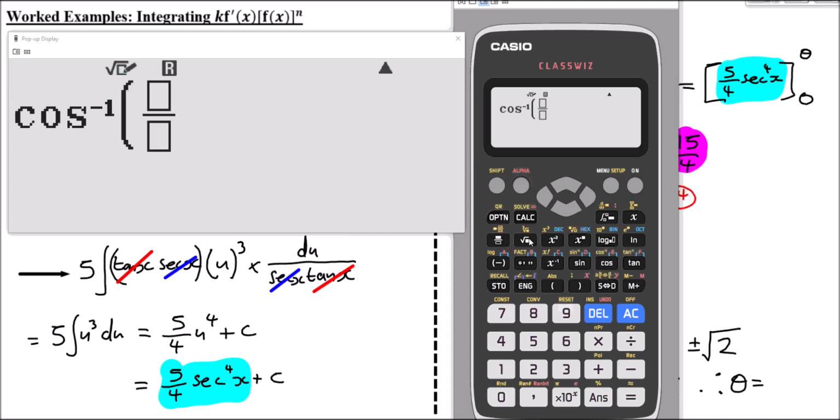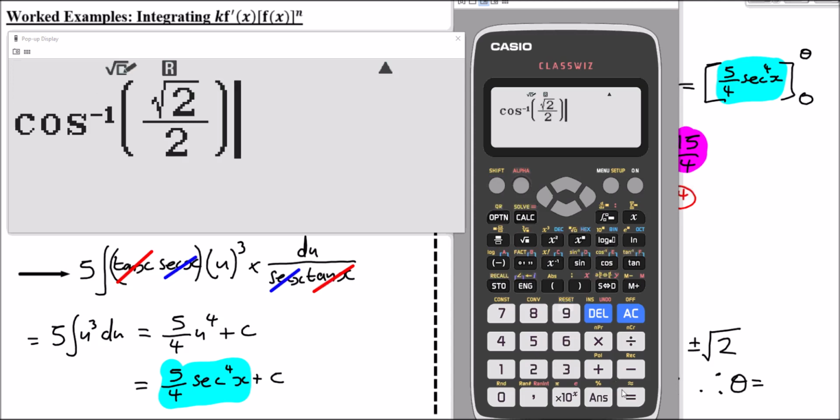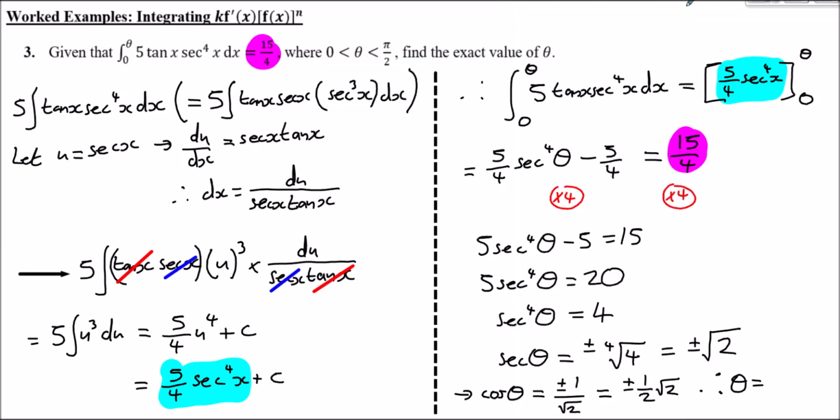So if I just put in here root 2 over 2, if ever you forget, a quarter pi. So that's the only one we're going to have. The plus or minus option isn't in this range. So the only answer we're going to have which is valid is going to be pi over 4 or a quarter pi. So I'm going to say theta is a quarter pi. If you put pi over 4, that's equivalent. That's just the same thing. It looks a bit different.